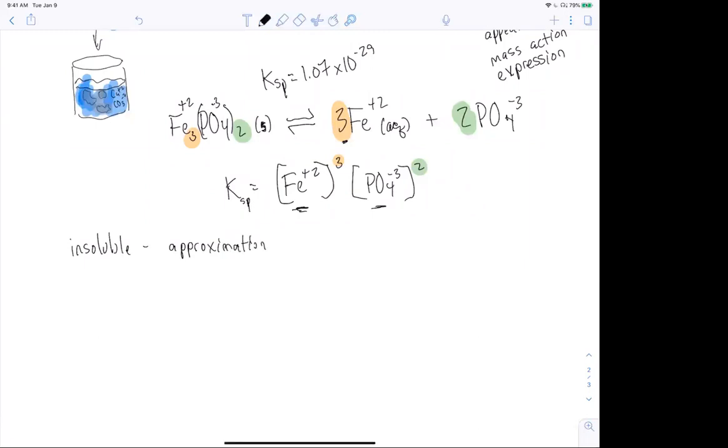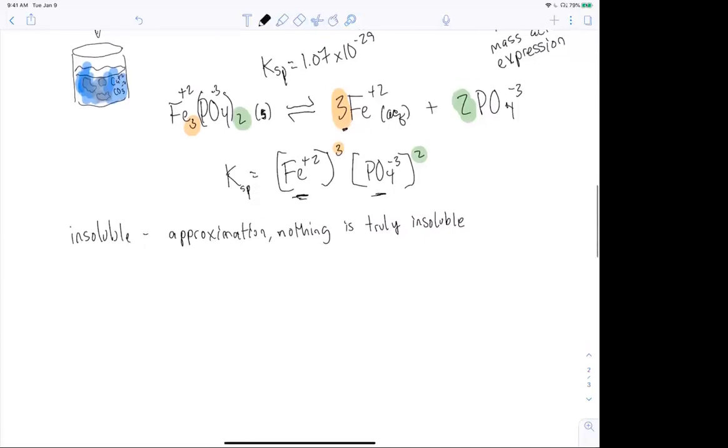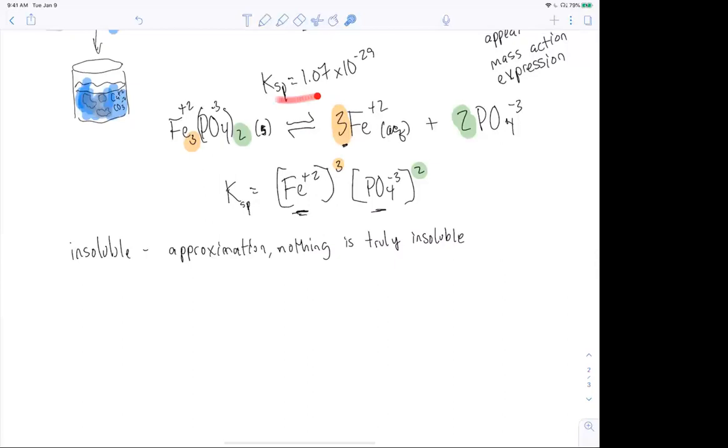Nothing is truly insoluble. There's always some tiny amount of it. There's some probability that some amount of something will be dissolved. At some point it becomes impractical to worry about. Like if I'm taking iron phosphate and throwing it in a cup of water, for most things it's not going to be remotely relevant. I've got a good example of that.